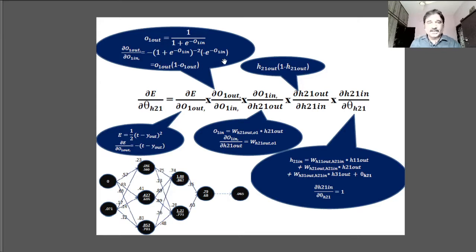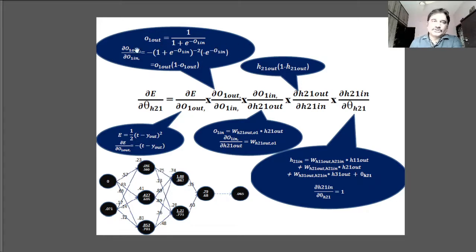Now, this again can be put back in terms of O1 out in this form: O1 out into 1 minus O1 out. Okay, you can take your time. In that you can put O1 out as this value, 1 minus O1 out. You will finally get this, or you can come to this by simplifying this.